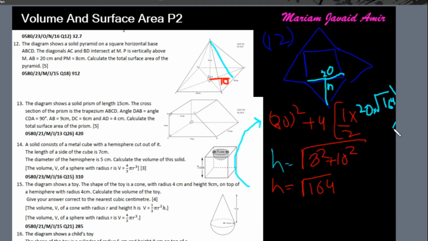So this gives 20 squared plus 4 times 0.5 times 20 into the square root of 164, which gives 912.249. So the rounded answer will be 912 simply.